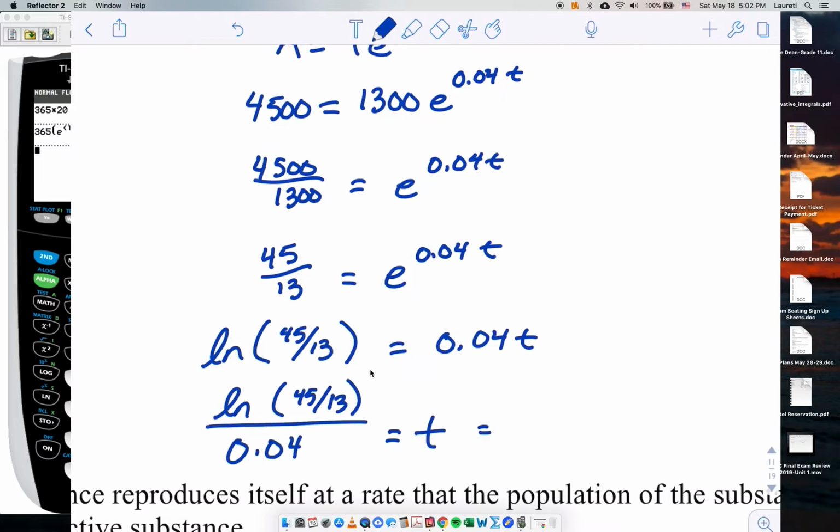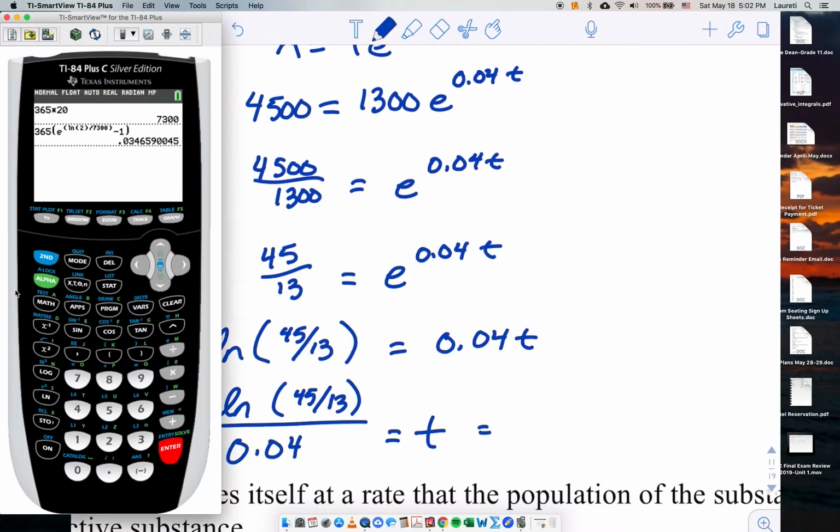If I plug that into my calculator, I've got the natural log of 45 divided by 13, divided by 0.04. So that is 31.043 years.